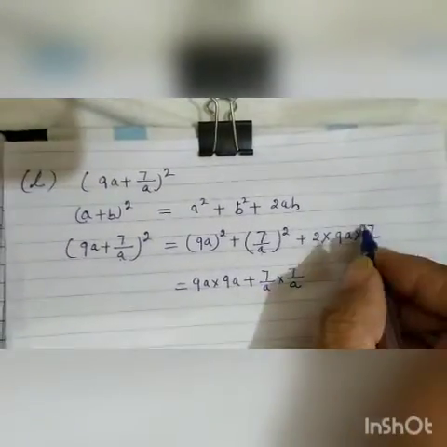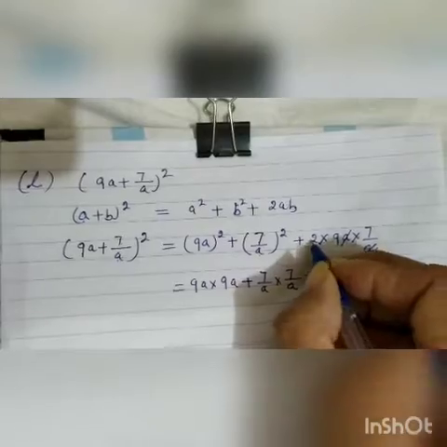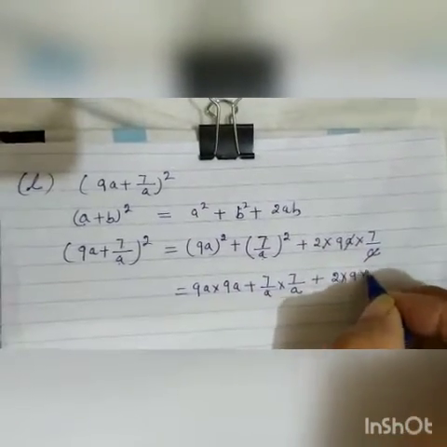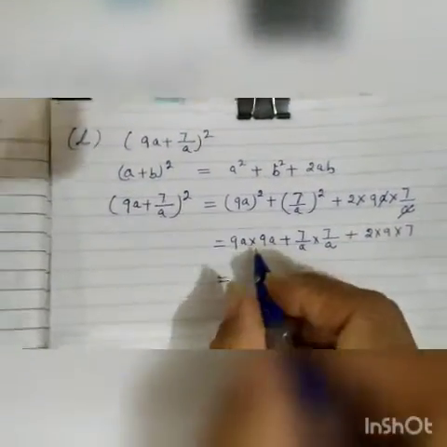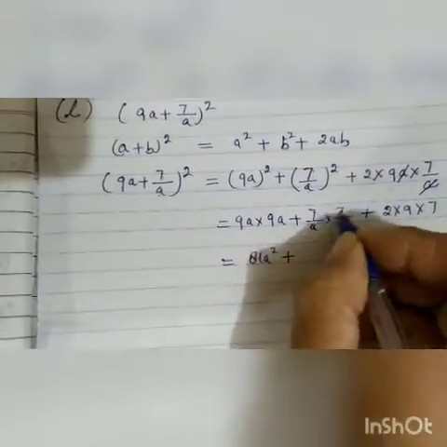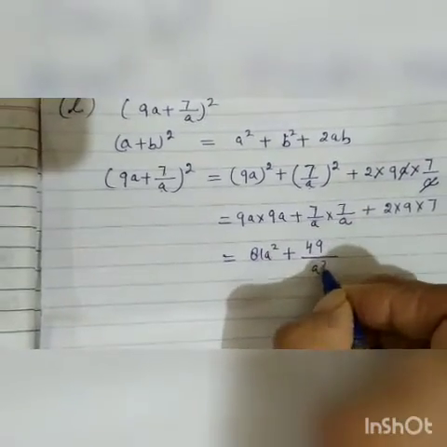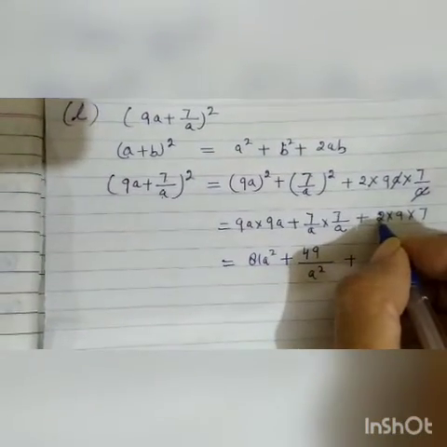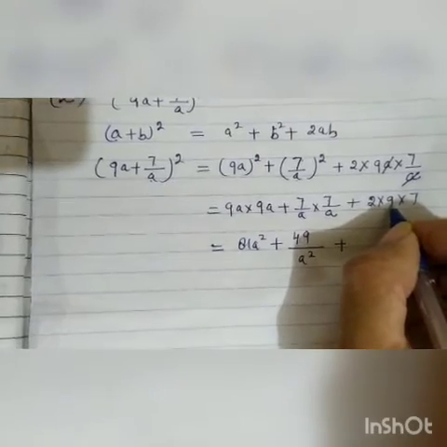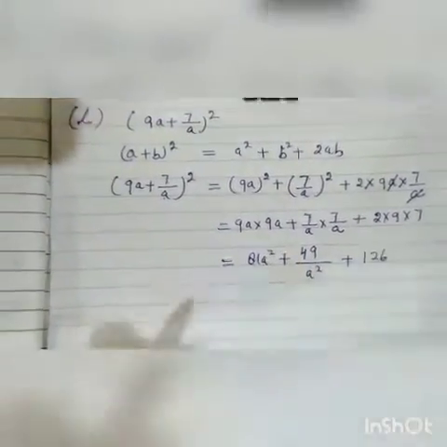Here we can simplify something. Yes, a cancels, then 2 into 9 into 7. Now it will be 9 nines 81 a square plus 7 sevens 49 upon a square, plus 2 nines 18, 18 sevens 126.